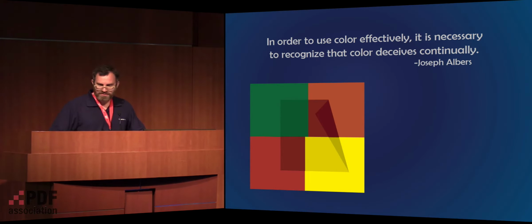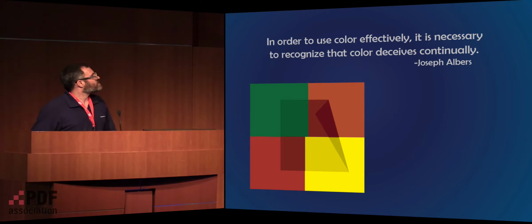First, we're going to start off with a quote from Josef Albers, who in 1963 wrote a book called The Interaction of Color, and the illustration is actually one of the cover images that was used for one of the subsequent editions of the paperback version.